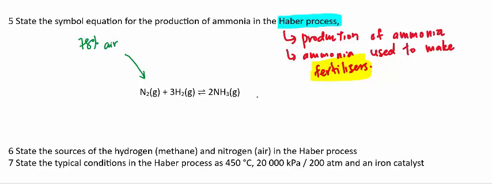This equation for the Haber process, you kind of need to memorize it. It's going to be your best friend for the rest of the year. The hydrogen comes from methane. Methane is CH4. You react methane with steam, you get hydrogen. So this is how you get these two gases.